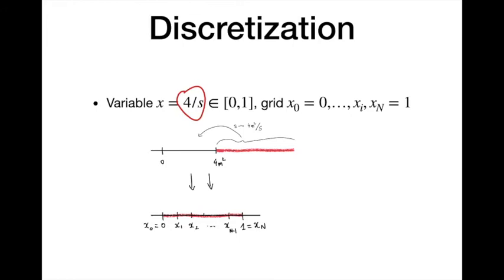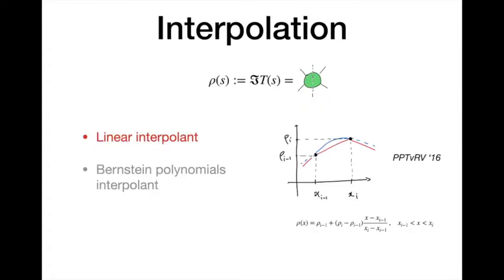You discretize this function on a grid, x0 equals 0 to x capital N equals 1. The object we're trying to solve is the imaginary part of T. Now I call that rho, so please don't be confused. It's not the double disk. Whenever you see rho, it's Im, single disk. And we did two different types of interpolation.